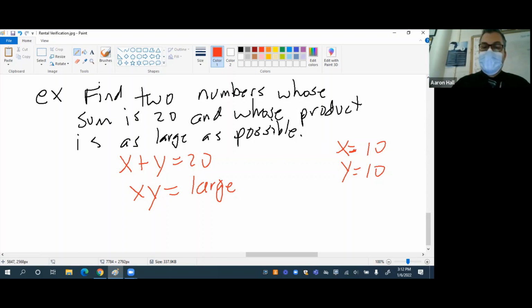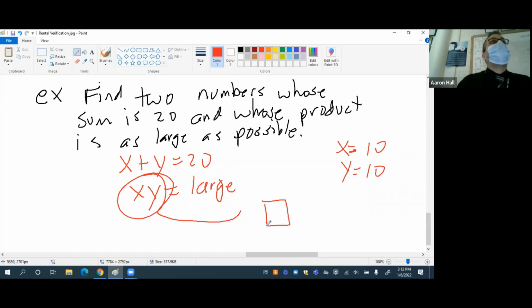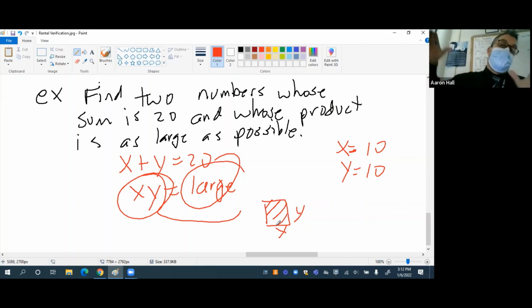Yeah, we could think of this multiplication as the area of a rectangle. If we're looking at the largest possible area, what are the dimensions of that rectangle that will give us the largest area? That would be a square. So you're right, it is 10.